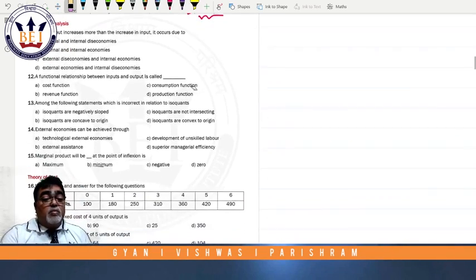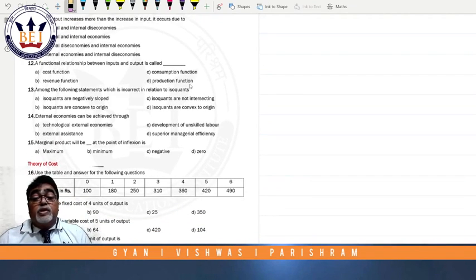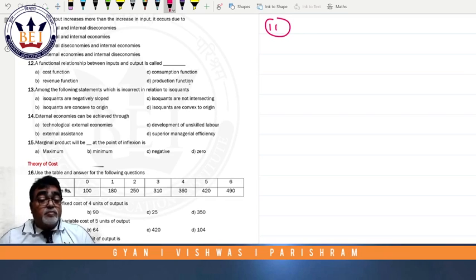Now question number 11. What is this question number 11? When output increases more than increase in input, it occurs due to... careful, don't rush.